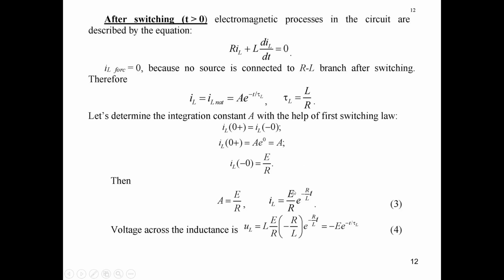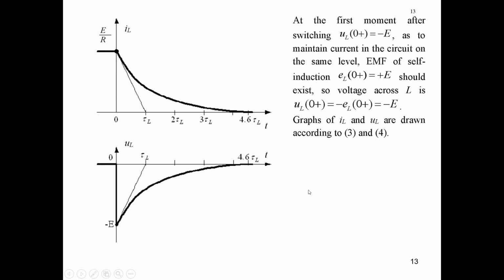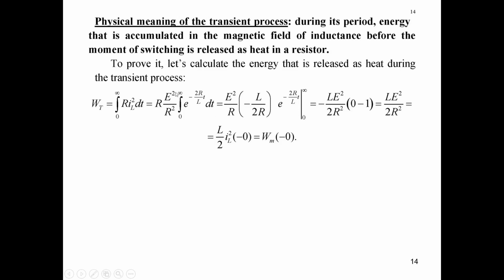It will be E squared over R squared. It may be put before the integral because it's constant and does not depend on time. These are also before, because we consider linear processes with constant resistances, capacitances, inductances.